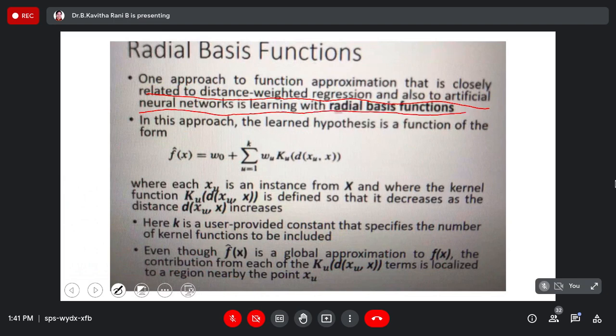So it is the same as linear functions or multi-layer neural networks, which we have seen in the previous class. Those methods also use the distance weighted regression technique. So here also, while using radial basis functions, we will be using the distance weighted regression method only.